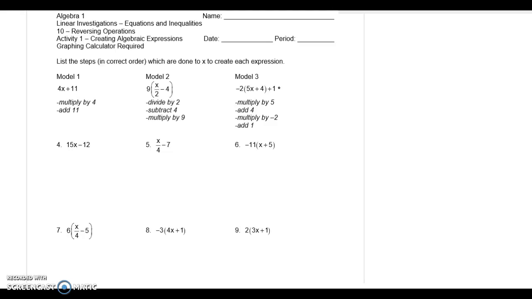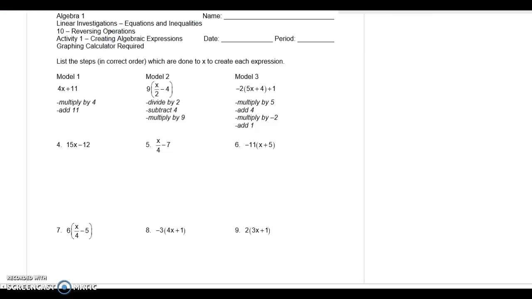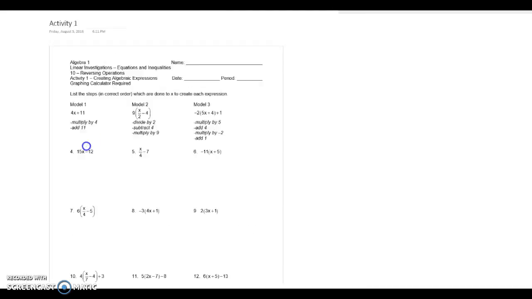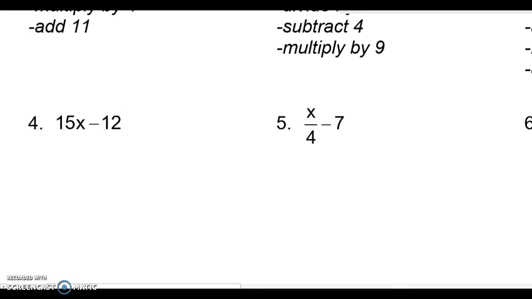Our goal is to create a list of steps, in order, of what's being done to x to create our expression. So on number 4, we have this expression here, 15x minus 12. Looking at x, I see no parentheses. I see no exponents anywhere in the problem. So what I want to do first is figure out, is there any multiplication? And there is.